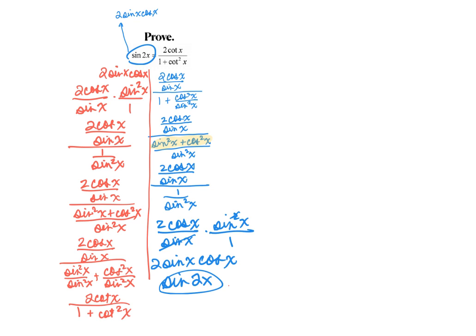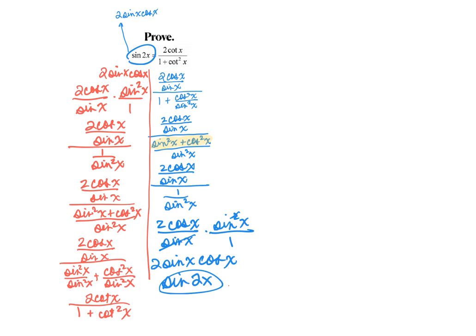The reason I wanted to show you this is because I want you to understand, if you get stuck somewhere in here, you can always switch to the other side and meet in the middle, and it will give you a path to finishing your proof. You must start your proof on one side and finish on the other side, but you can use that other side to figure out how to finish.